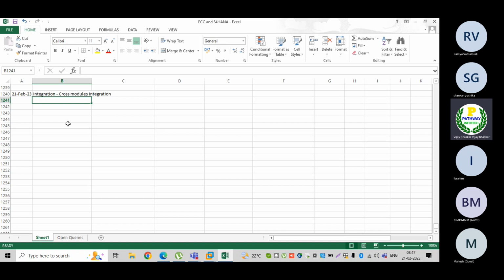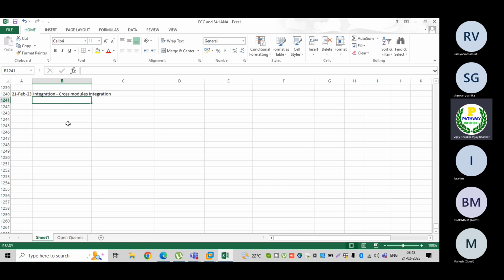See, against the goods receipt, with respect to the goods document, when we are going to verify the invoice in FI, that information needs to trigger to FI.